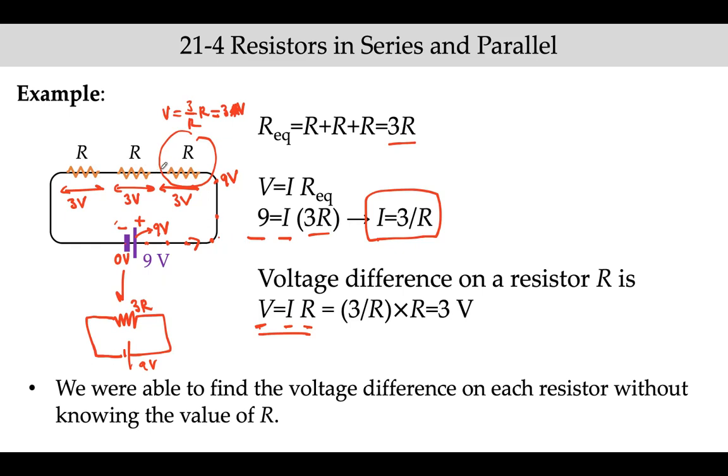So 9 volts when you come to this point, this point then drops to 6 volts. Again, another 3 volts is consumed by this resistor, so at this point the voltage on the wire drops to 3 volts. And another 3 volts is used, so it drops to 0 volts here.